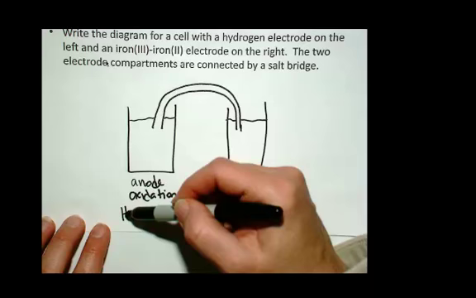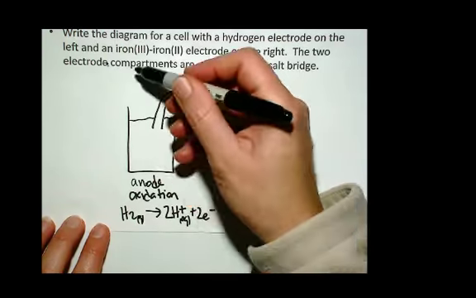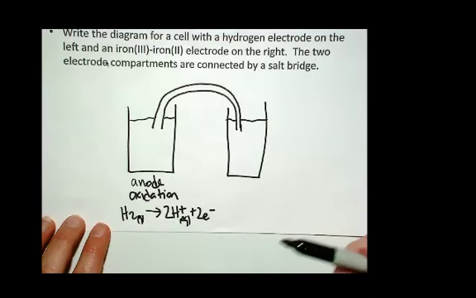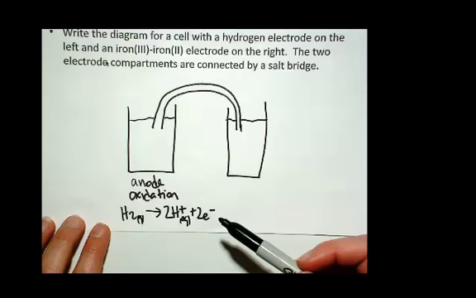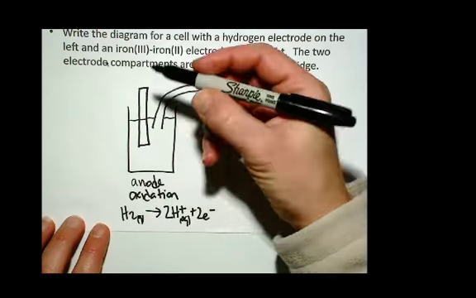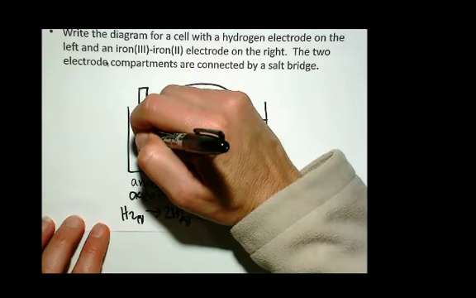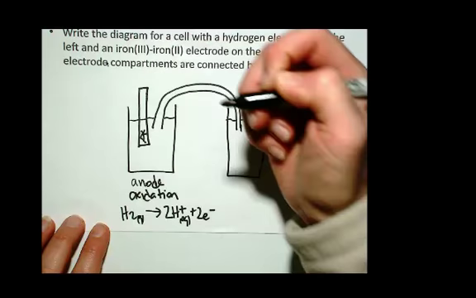Now hydrogen is a gas, and this is aqueous. So how do I have a piece of metal that's going to act as the anode? Well, a lot of times we have what's called an inert electrode, just something that can conduct electricity but doesn't participate. For example, a common one would be a graphite electrode or platinum. So we'll just use platinum here.